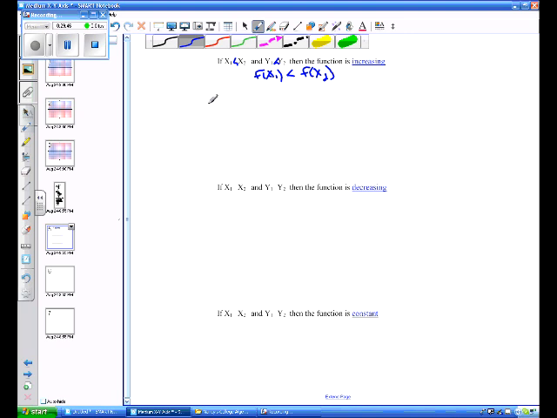But what we're talking about here is if we have a graph, and here we have x sub 1, and here we have x sub 2. x sub 1 is less than x sub 2. And on our graph, the y value that goes with x sub 1 is less than the y value that goes with x sub 2.